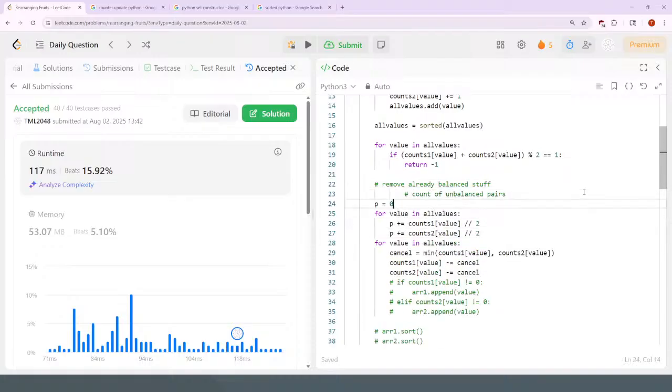Count of unbalanced pairs is going to be p. So for all values, cancel, subtract. Do I even need to do that?